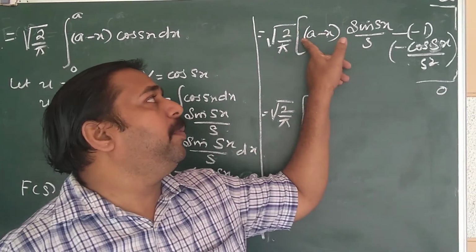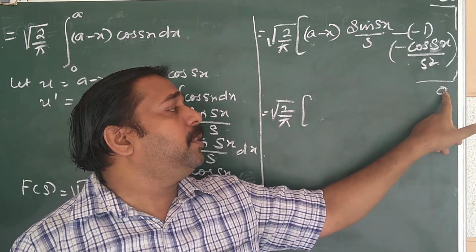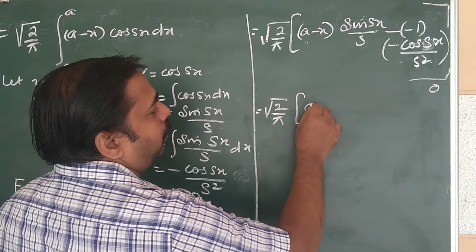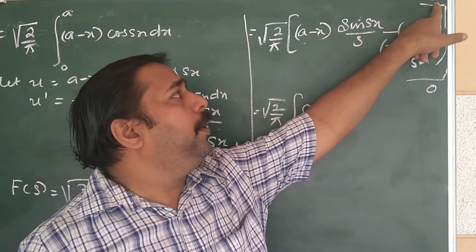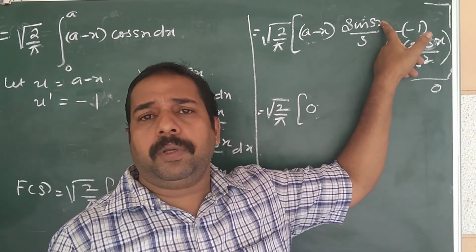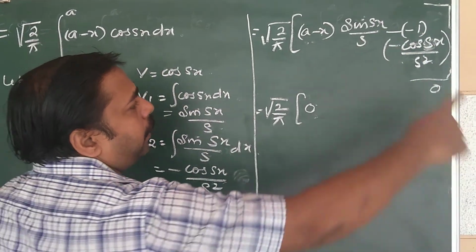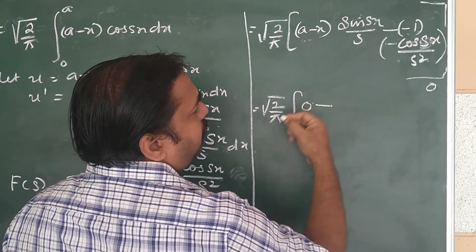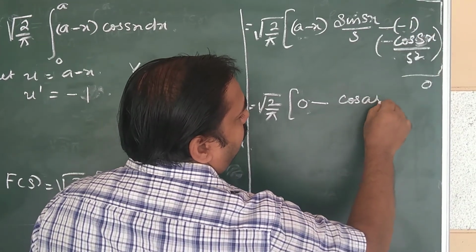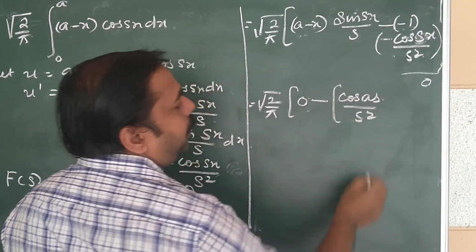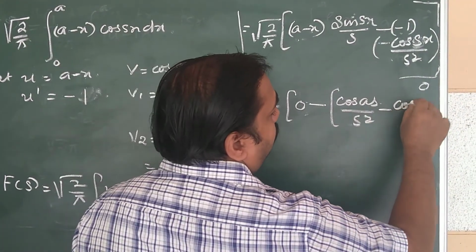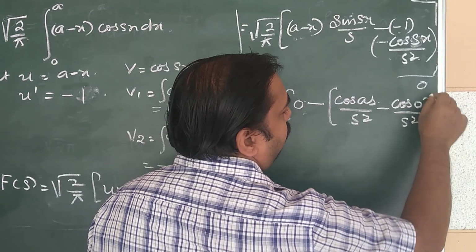When you put x equal to a, a minus a is equal to 0, and at the lower limit sin 0 is equal to 0, so the first term is fully 0. Then we have minus, minus, total minus, cos of upper limit as by s square minus lower limit cos 0 by s square.